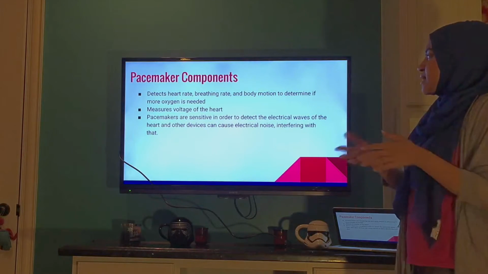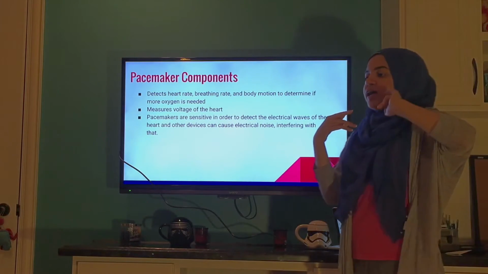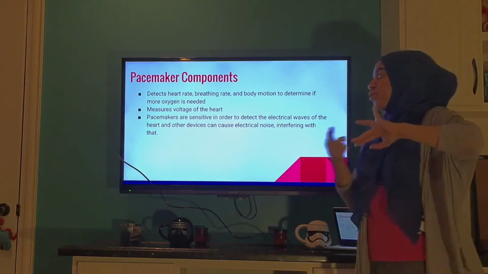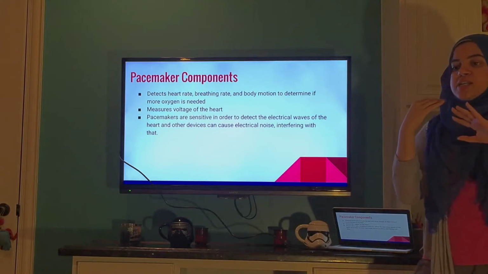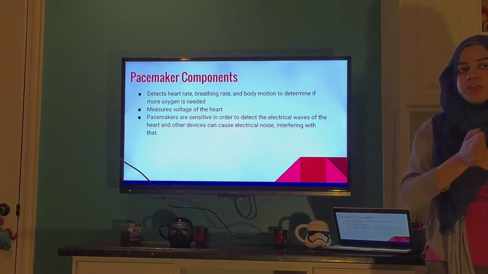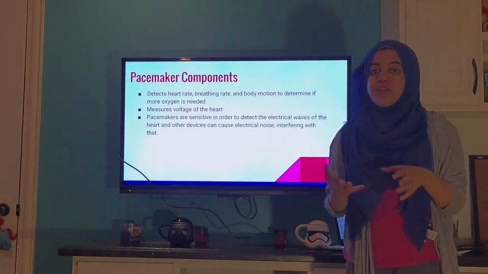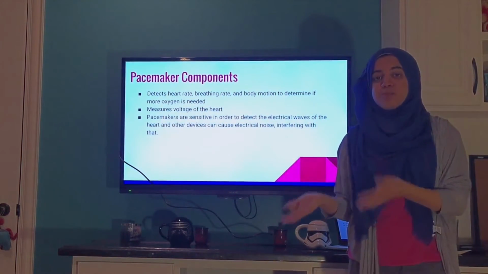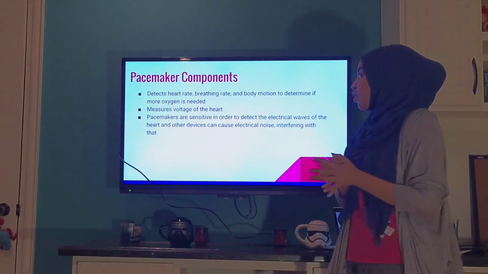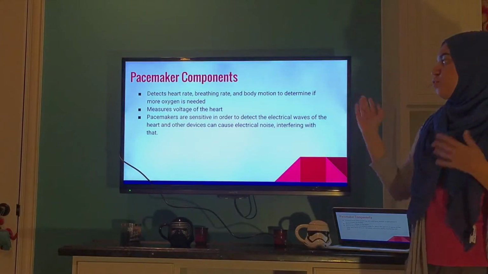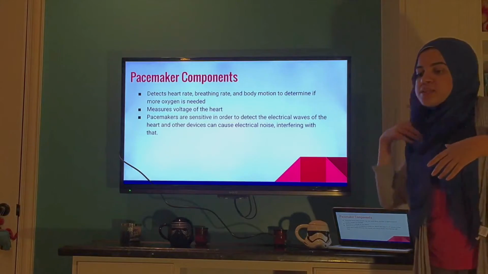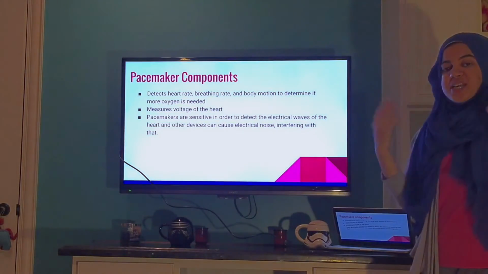The pacemaker can detect heart rate and your breathing rate, and some advanced pacemakers can determine exactly how much oxygen you need, so that they can modify the electrical impulses to stimulate correctly. It also measures the voltage of the heart. It's actually a sensor of sorts.